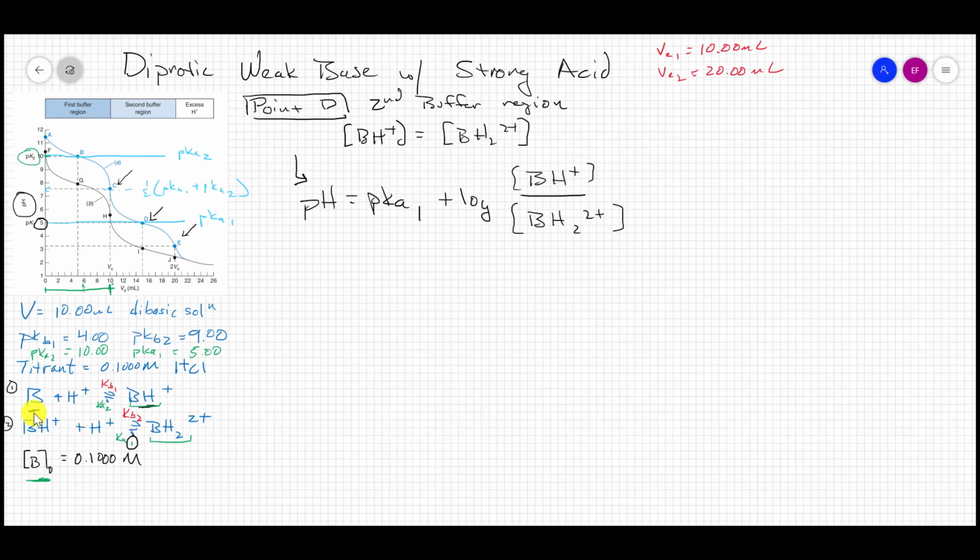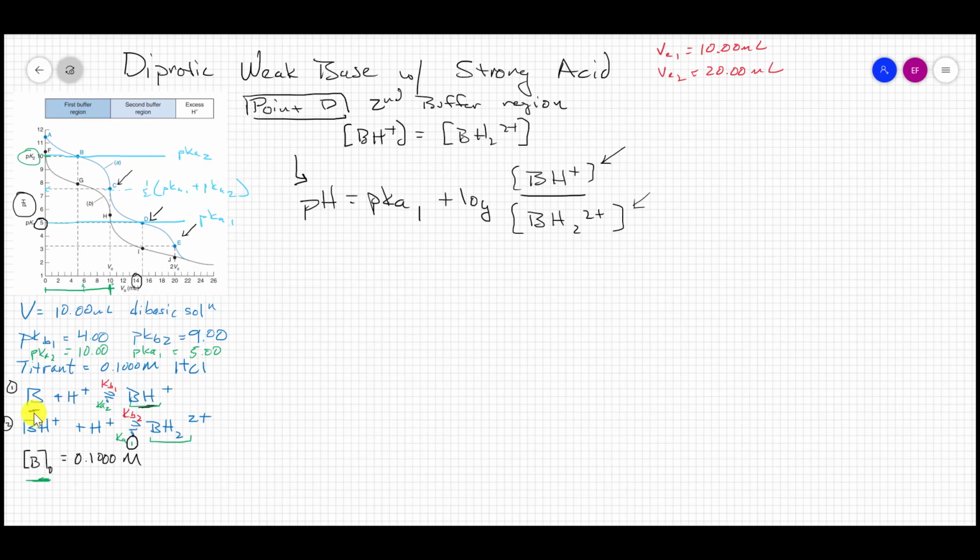Or, as I mentioned, as another sort of shortcut, you can think about that as a fraction along the way. And so you know that it takes another 10 mils to fully destroy all of this and protonate this. And so if you added, say, I don't know, 14 mils here, you would be 4/10 of the way along the second equivalence point, which means you would have a total of 6/10 of your BH+ still remaining.